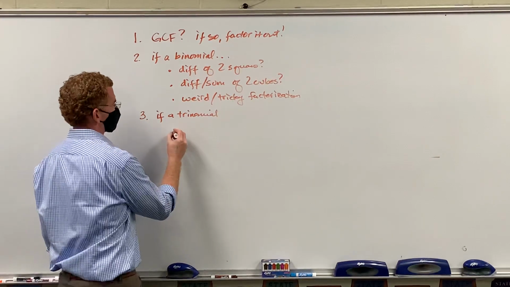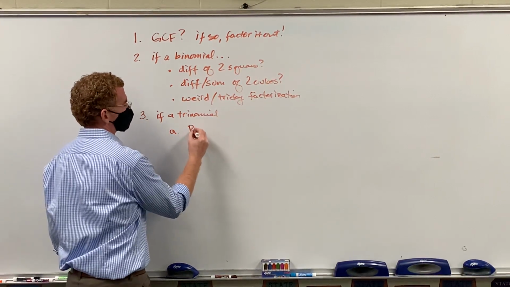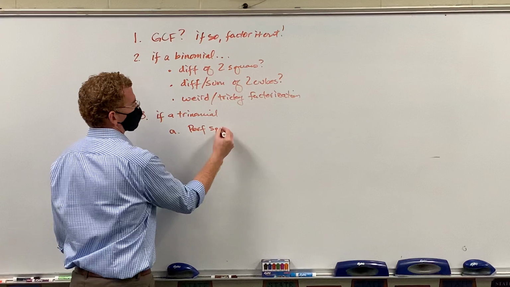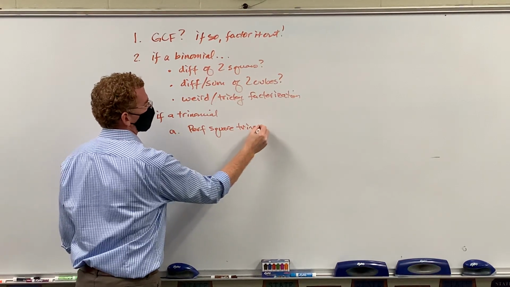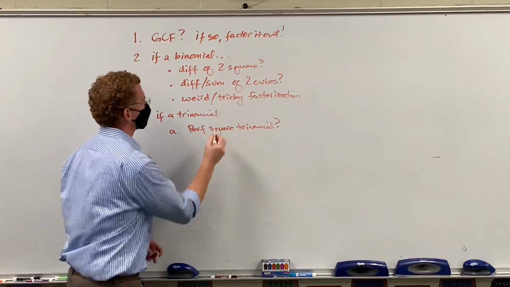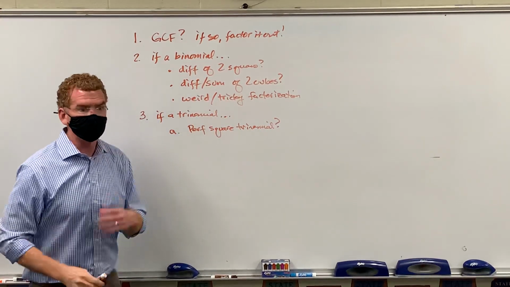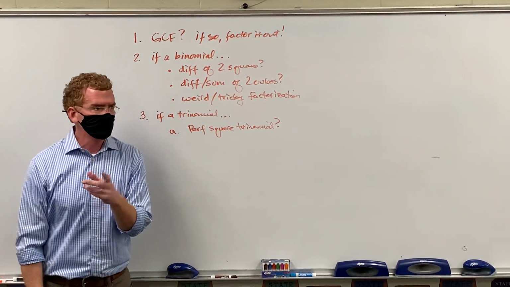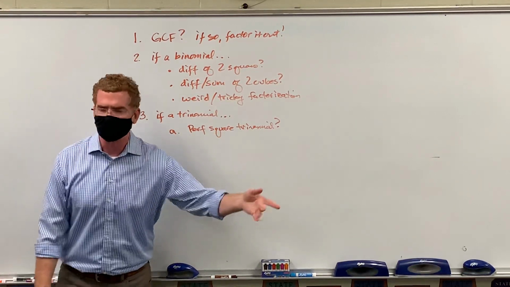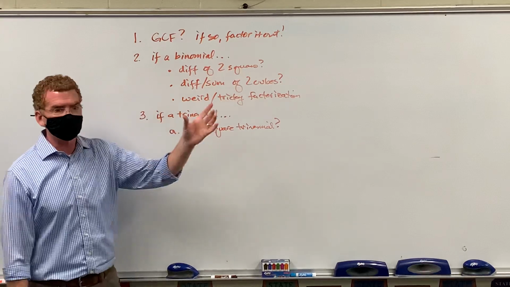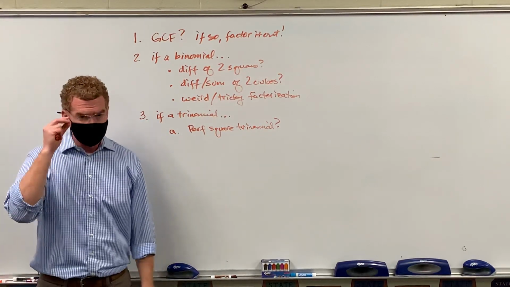Perfect square. Yes. Check to see if it's a perfect square trinomial, because a lot of times the lead number is like 36 or 25 or 16, and then the last number is something like 81 or 36.